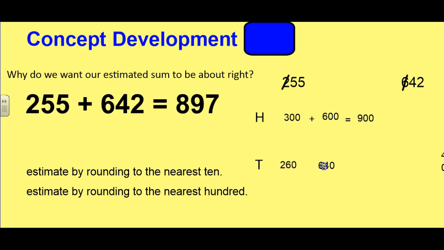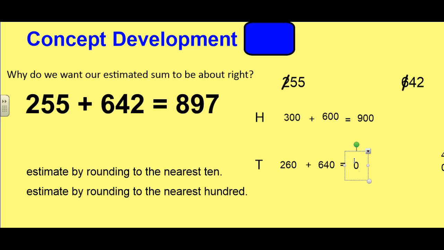So now we need to add these two numbers together, 260 plus 640. So go ahead and get those added together, and push play whenever you have that done. Okay, so 0 stays in the ones place.